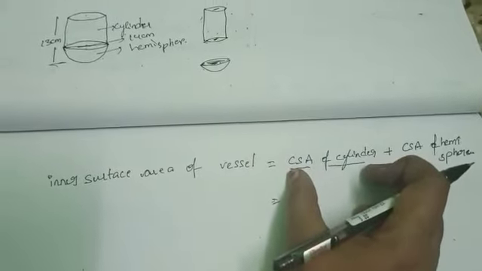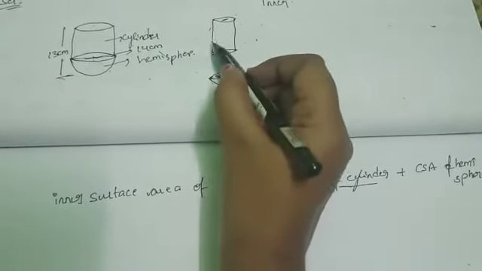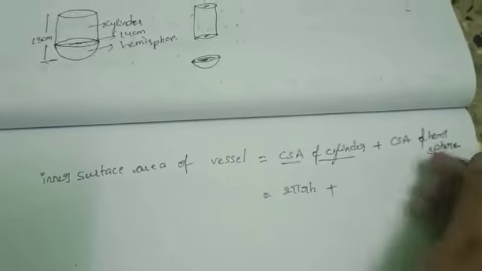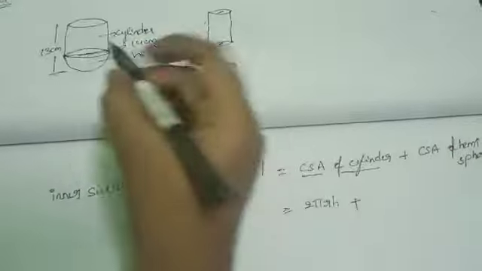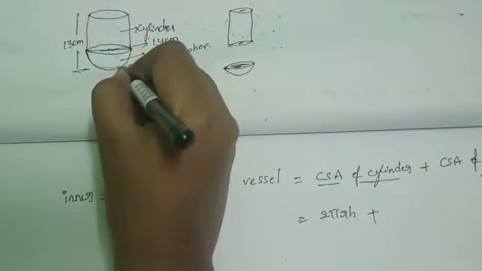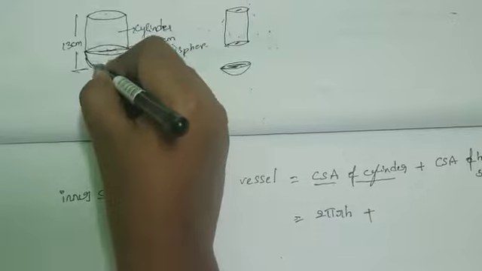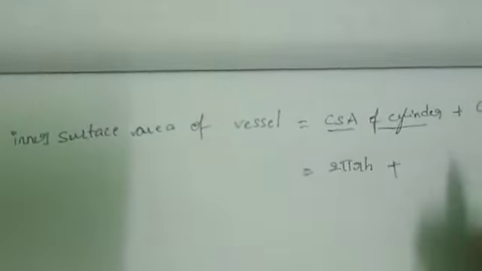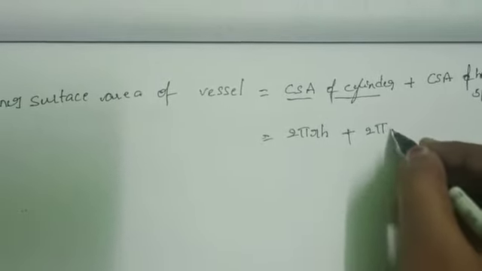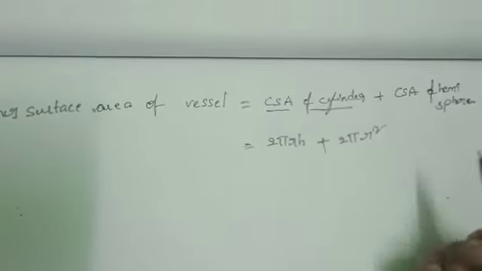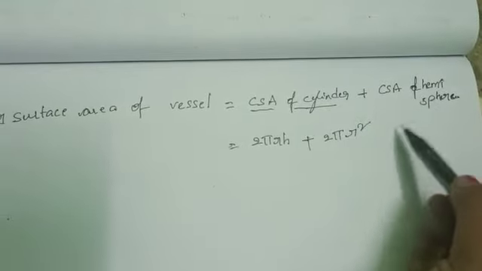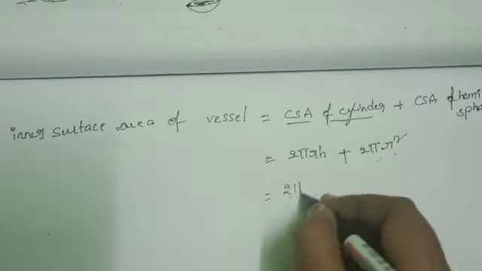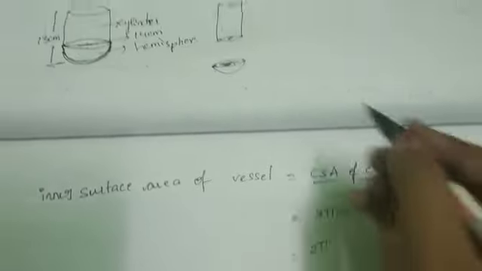What is the curved surface area of cylinder? 2 pi RH. And curved surface area of cylinder only this area. Curved surface area of hemisphere formula is 2 pi r square. 2 pi, here r, what is r?